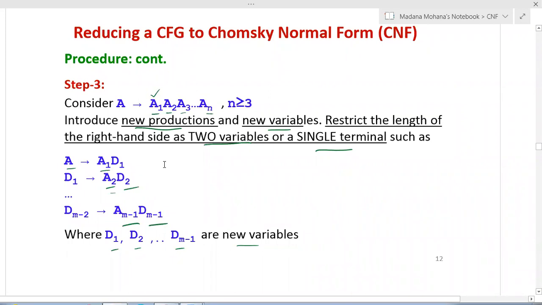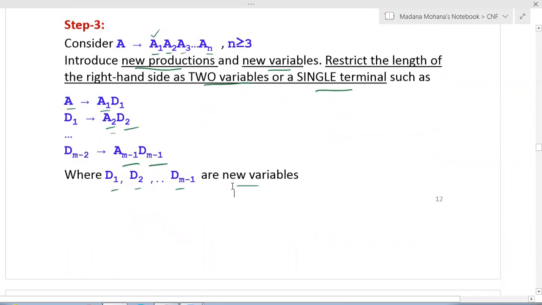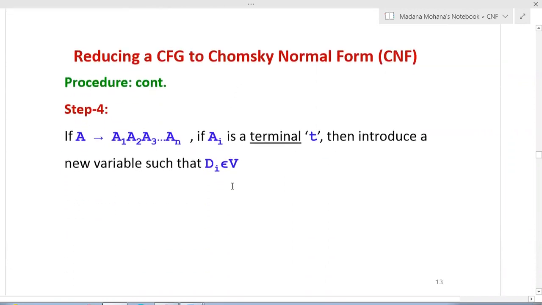So now, if there is a terminal in between the variables on the right hand side, for that we can apply step 4. That is, if A derives A1, A2, A3 and so on An, where Ai, that means i from 1 to n, is any value in between A1 to An. Suppose in this right hand side, if any one symbol is a terminal, let us say Ai is a terminal t, then what you have to do?